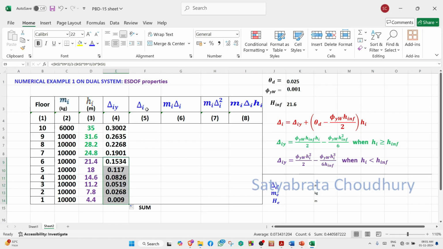Now we have to get delta I from this formula. Delta I equal to theta D minus phi yw inflection height by 2 multiplied by HI. Theta D is 2.5% or 0.025 in fraction.